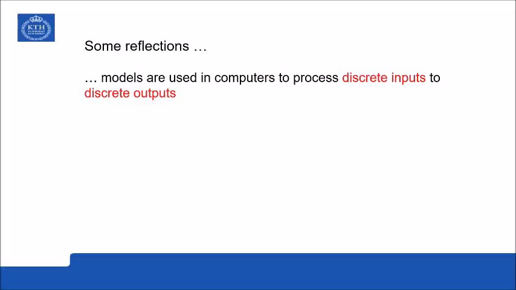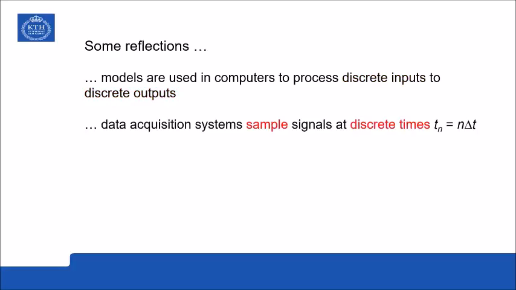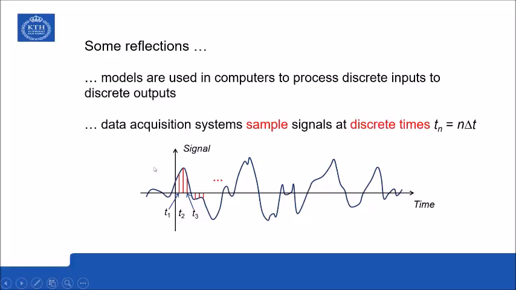Computers use models to process discrete inputs to discrete outputs. Also, since modern data acquisition systems are usually computer-based, they sample signals at discrete times, meaning that all real continuous signals are sampled at certain times, given by the sampling frequency, and when we start the measurement, of course.